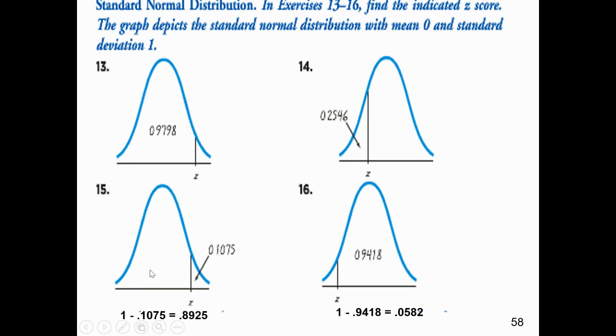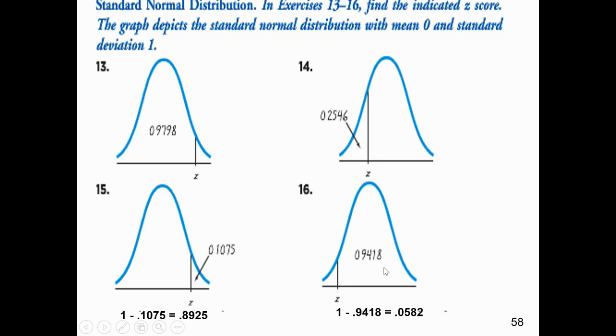Well, the total area on the curve is 1. So if that little guy there is 0.1075, this area here, which I'm interested in, is 1 minus that. That's what I would enter into my calculator. Don't fall for it and just enter that number and go, gee, I got it wrong. Same idea here. To find this z-score, I need to know the area from this vertical line to the left.